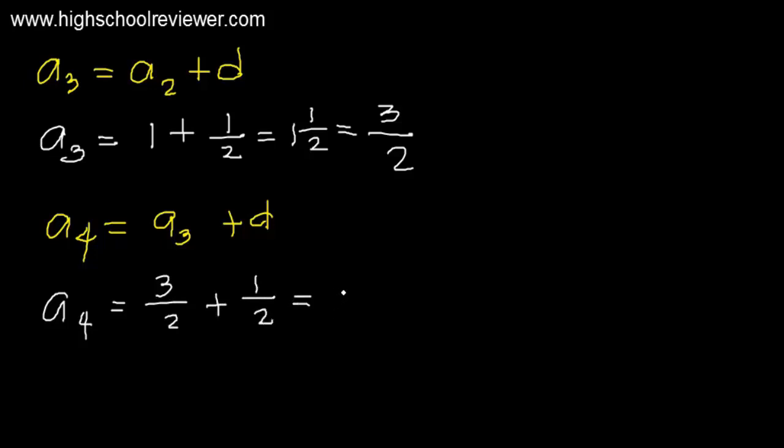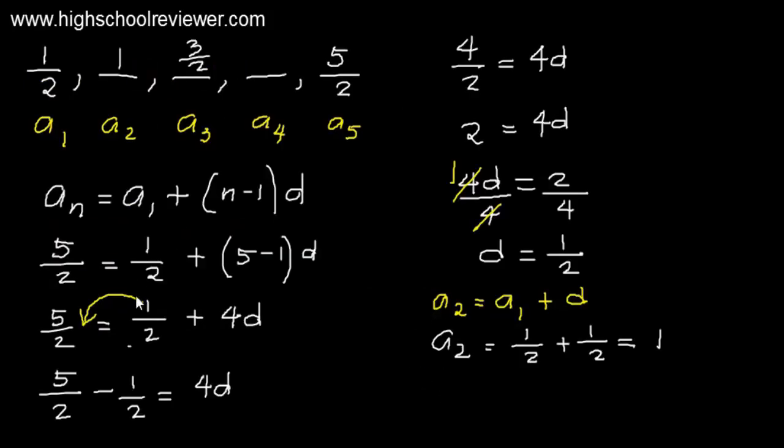So this will be equal to 4/2, and 4 divided by 2 is positive 2. So our a sub 4 here is positive 2. So our missing terms, or our arithmetic means now, are 1, 3/2, and positive 2. They are our final answers.